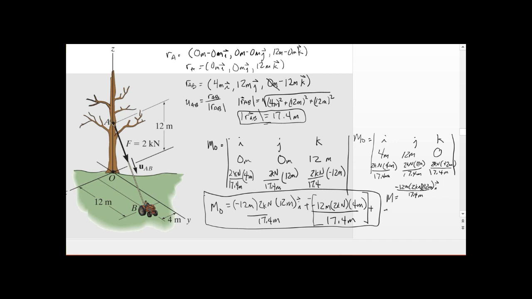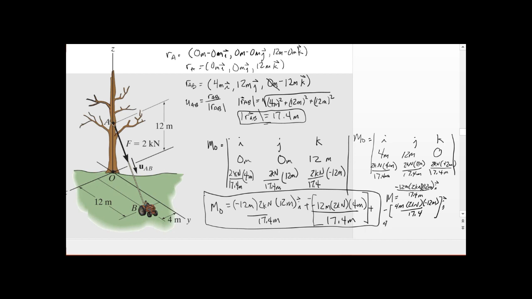Then we'll have a negative for the J, and that's 4 meters times 2 kilonewtons times negative 12 meters divided by 17.4 meters in the J. And then for the K, we're going to have two terms.